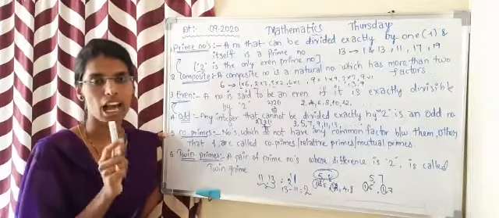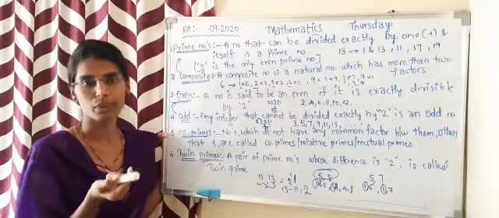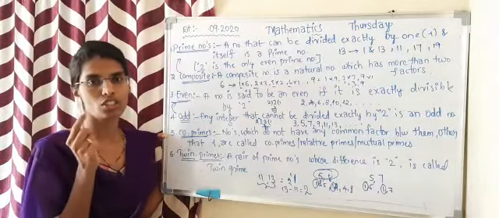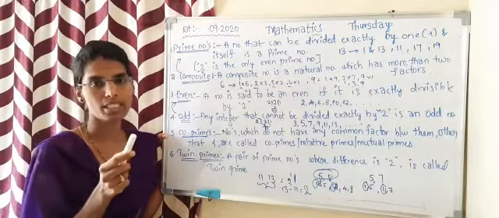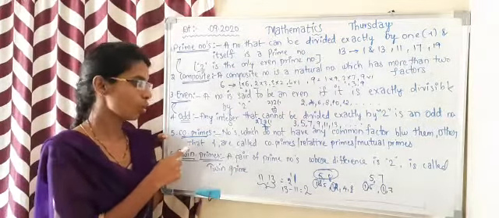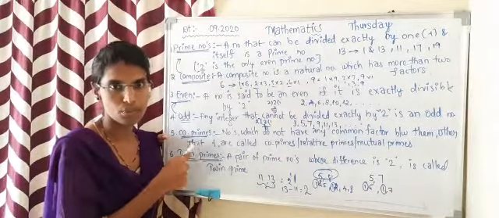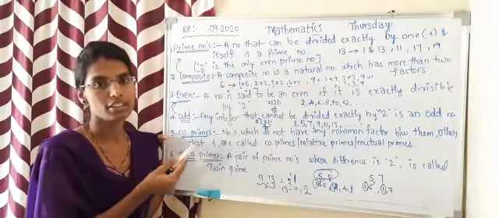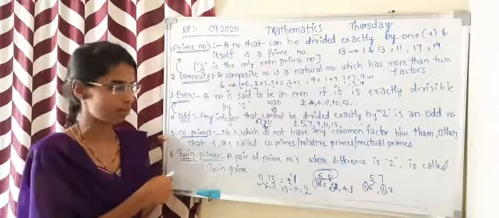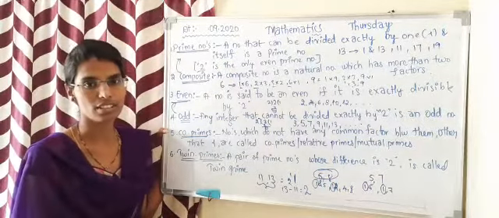If they have any other common factors, then we cannot consider them as co-primes. It should contain only 1 as its common factor, then it is called co-prime numbers. Co-primes are also called mutual primes or relative primes. Next, twin primes. A pair of prime numbers whose difference is 2.